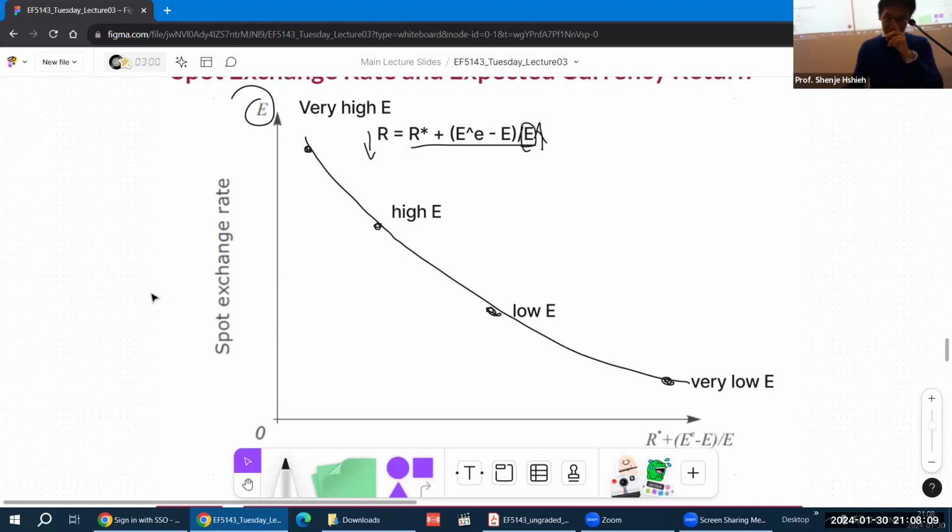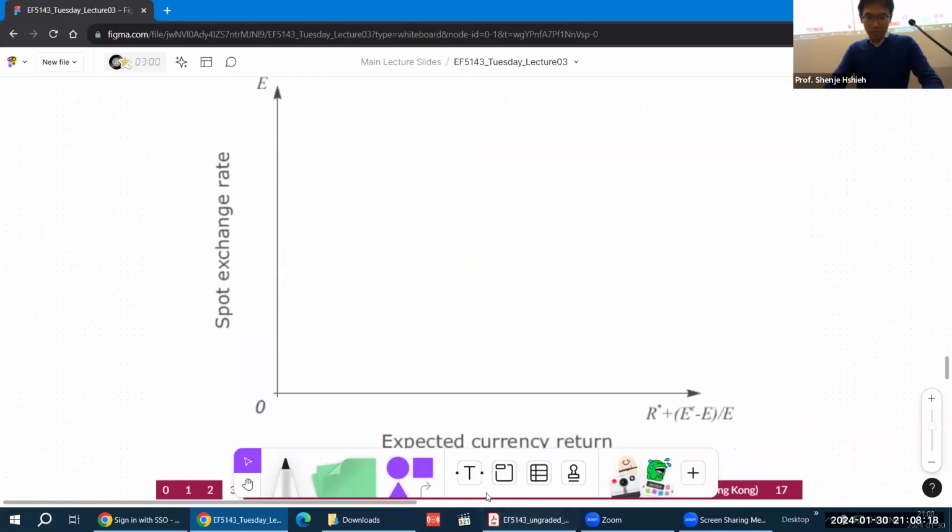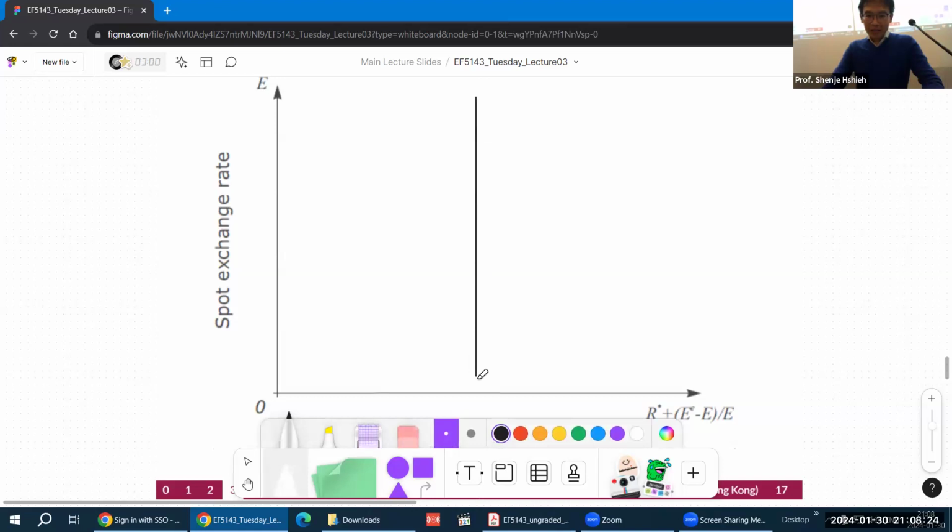So let's now understand how the equilibrium comes about. It comes about when interest rates, which we assume are set by the central government, intersect with this UIP curve.